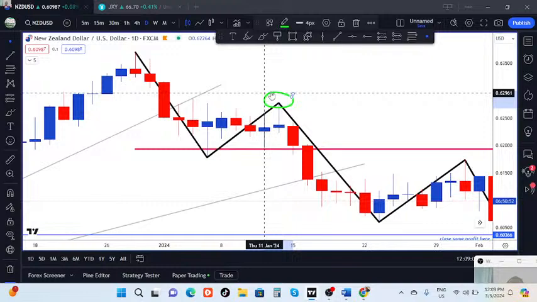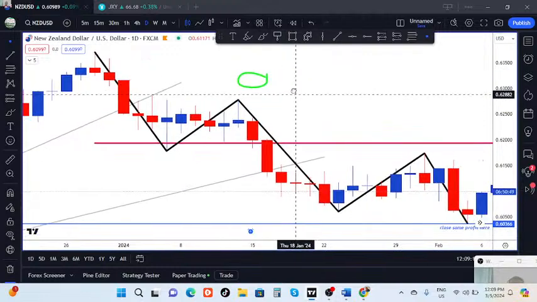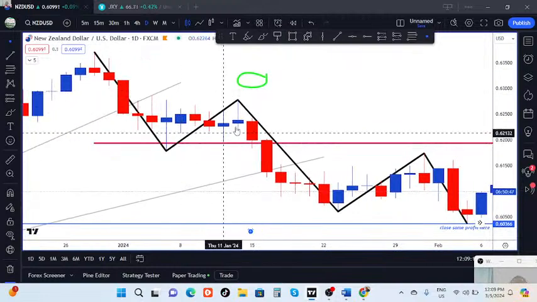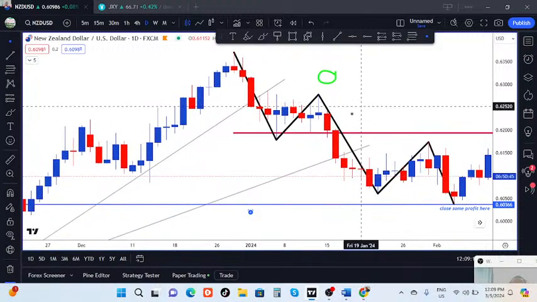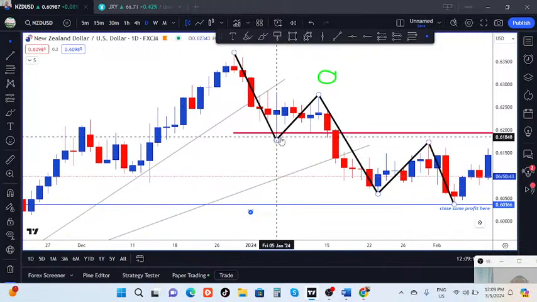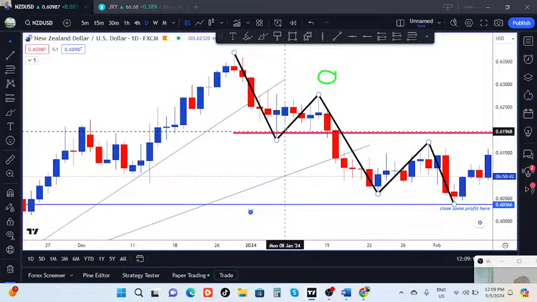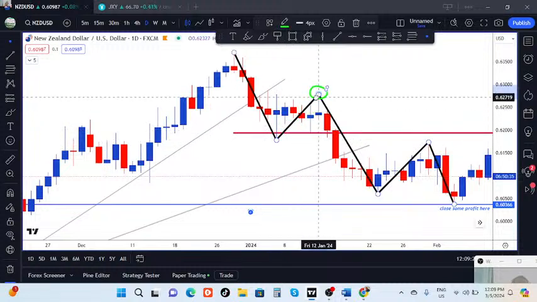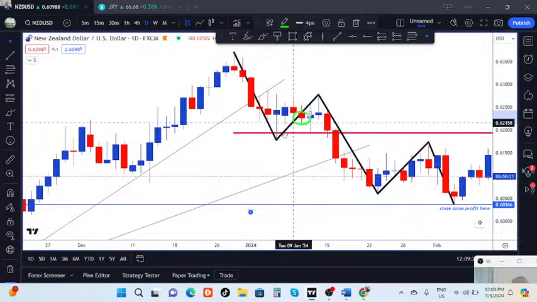Okay, now this is a complete downtrend. Now this, we cannot see a short-term trade in this low and high. We cannot see a short-term trade in this relevant low and this relevant high.